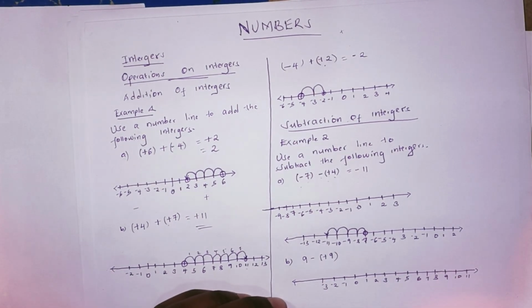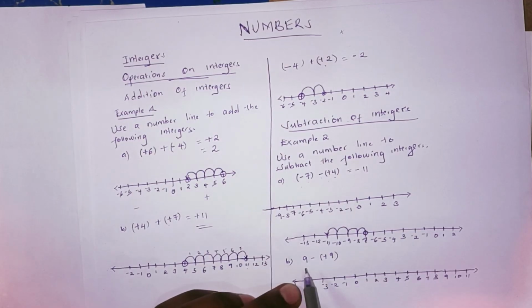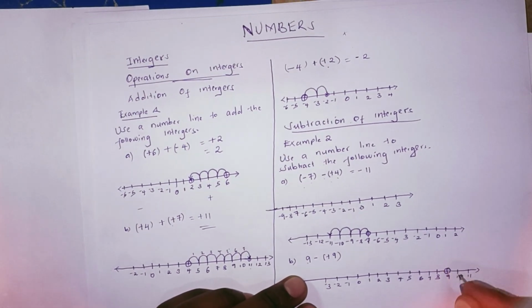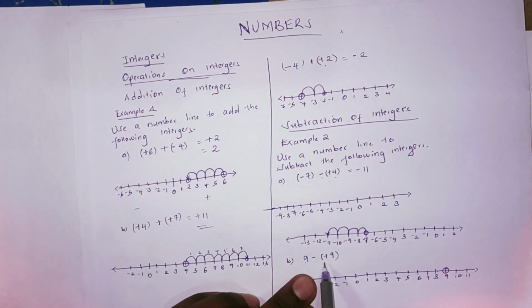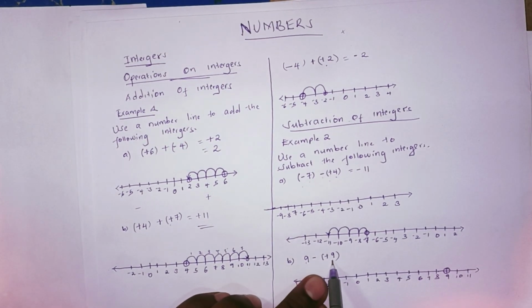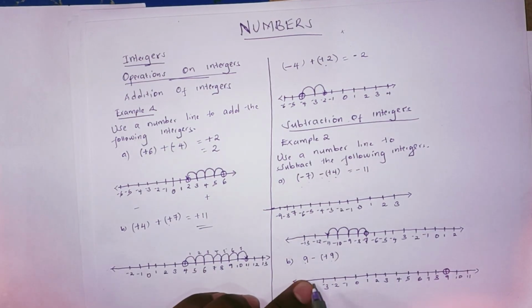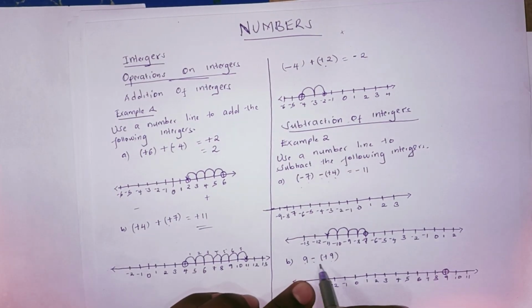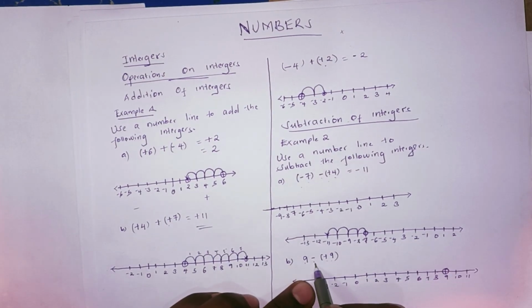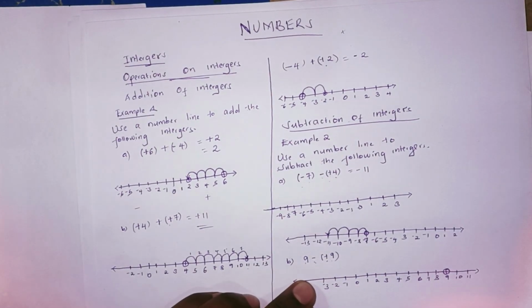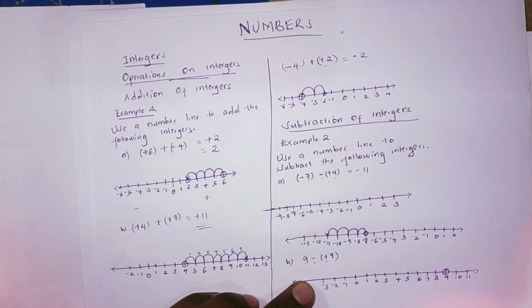Then I'll ask myself again: I have positive 9, so I'll stand at positive 9. Then I want to move negative steps. How do you know that you want to move negative steps? Check here: this is a negative, then this is a positive. When I open this bracket, it will be negative times positive. It is a negative, so I'll have to move to the left.